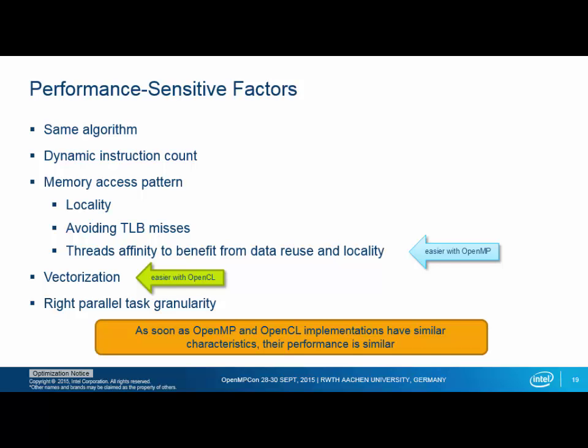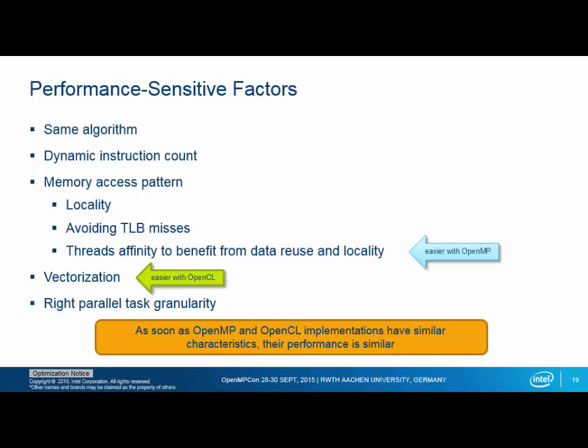We also found the main factors that impact the performance. Of course, for modern processors, and especially for Intel Xeon Phi, vectorization is very important. With OpenCL, it's mostly provided by default, since you're already writing your kernels in a vectorization-friendly way. But with OpenMP, you should keep it in mind yourself. Another factor is data locality.